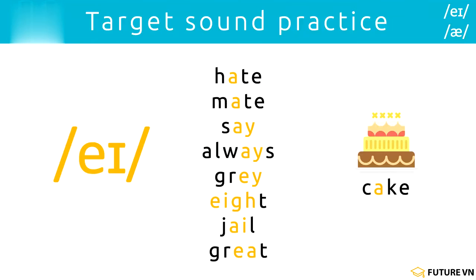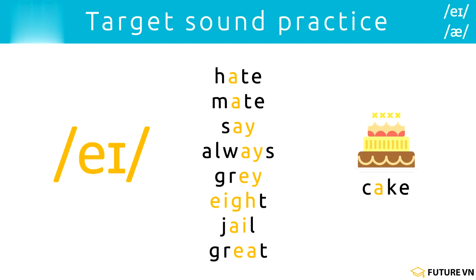Now, let's head over to the target sound practice for the first sound. So the first sound, remember, is A, which is represented by E and I, as you can see on the left.